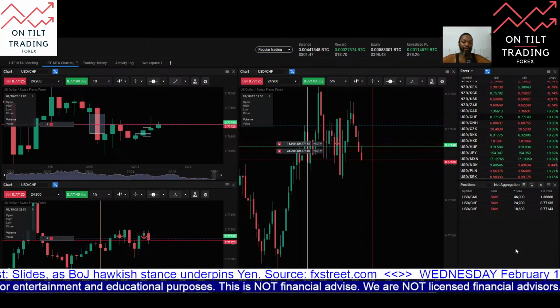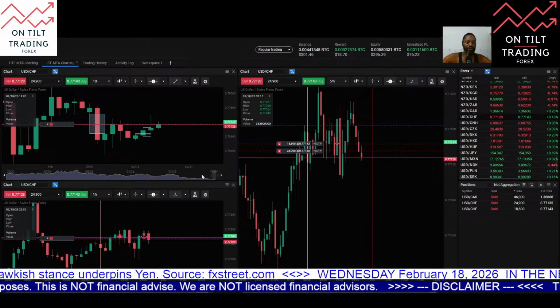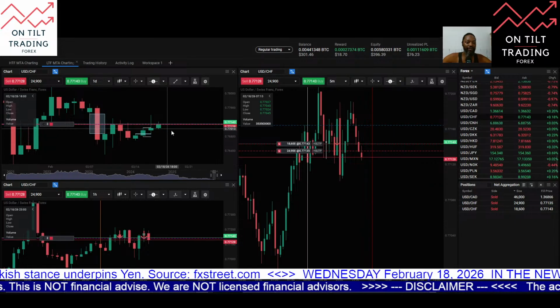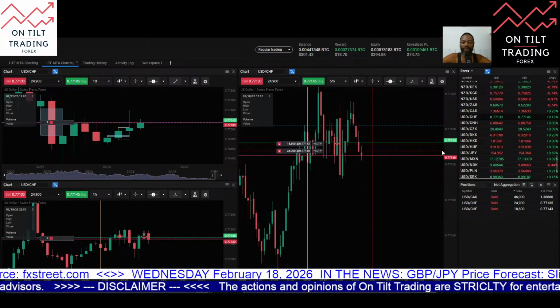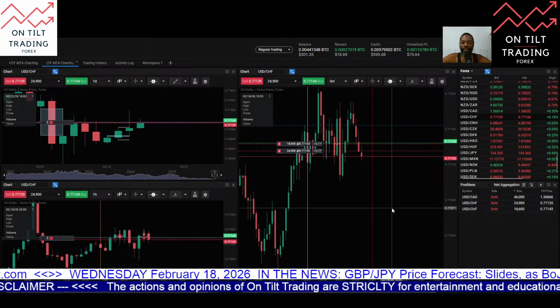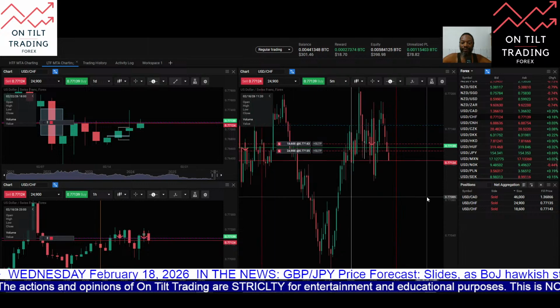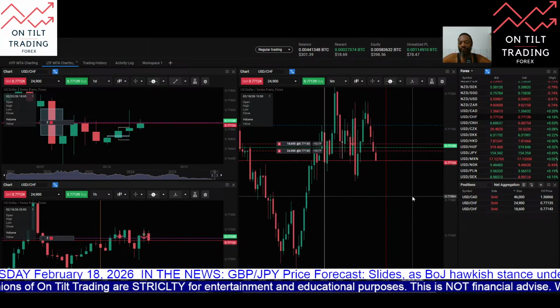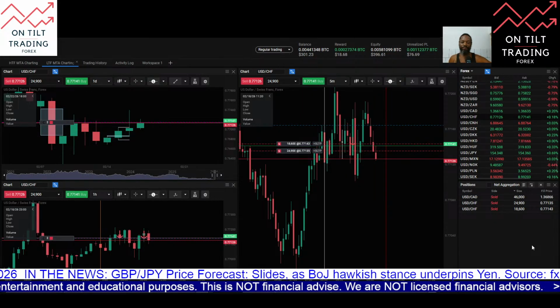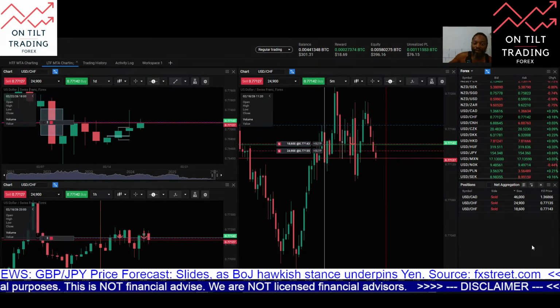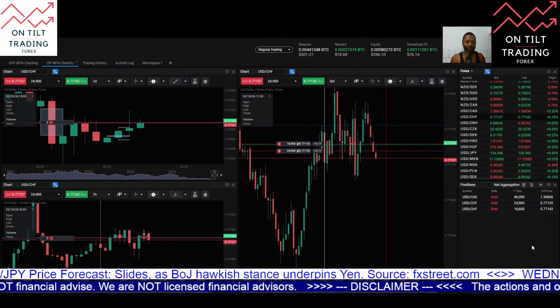I think the only thing that I would be able to ask for that would be beneficial in this situation would be just expansion, if price were to expand to the sell side with this type of price action. So we'll see what type of continuation may come out of this, if at all.